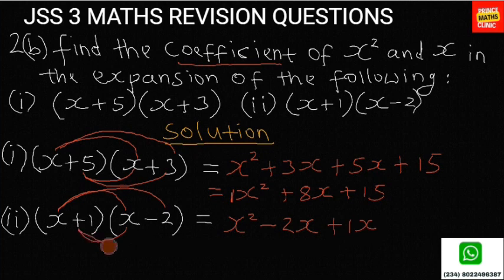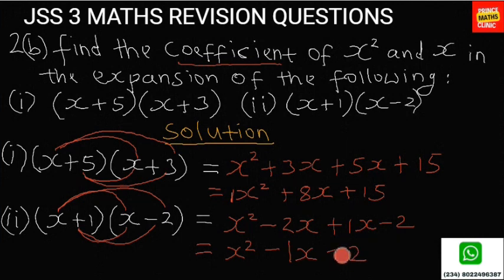Then positive 1 times negative 2 is negative 2. Good. So what do we have here now? We have x squared, then minus 2 plus 1. It's like saying you are owing 2 oranges and you now give, or you paid back 1. You are still owing 1, right? This is minus 1 orange, 1x minus 2.